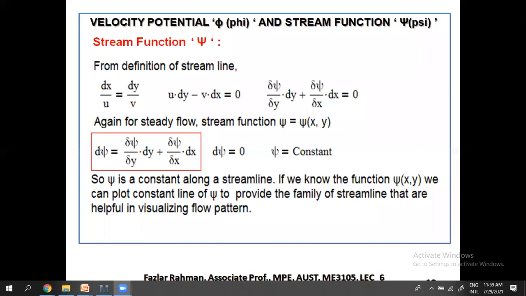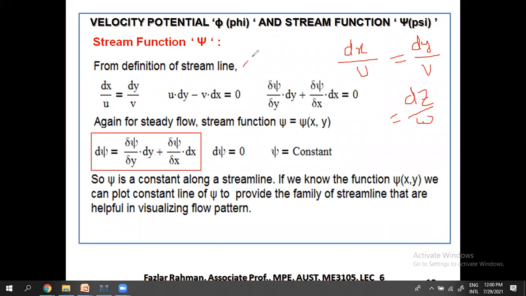I didn't put it. Okay, in lecture sheet 6. If you look in lecture sheet 5, we work with the streamline. As per the definition of the streamline, we found that dx divided by u equals dy divided by the y velocity component v equals dz divided by w.